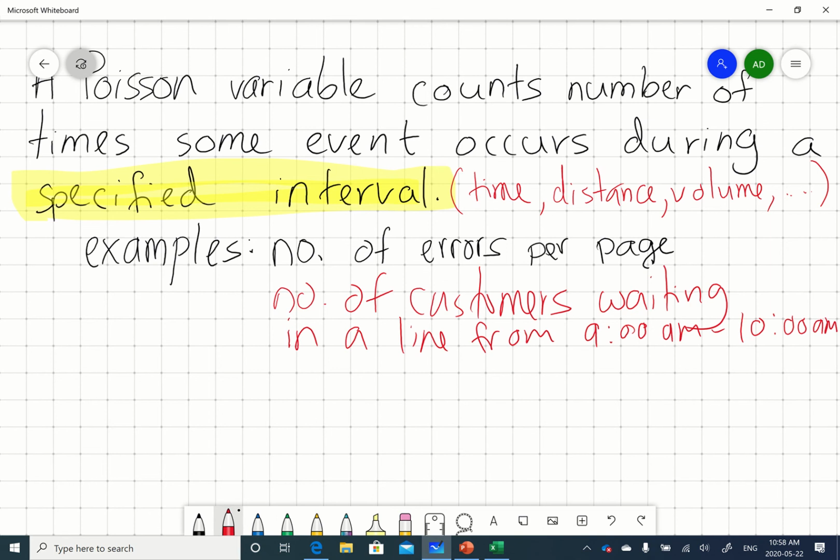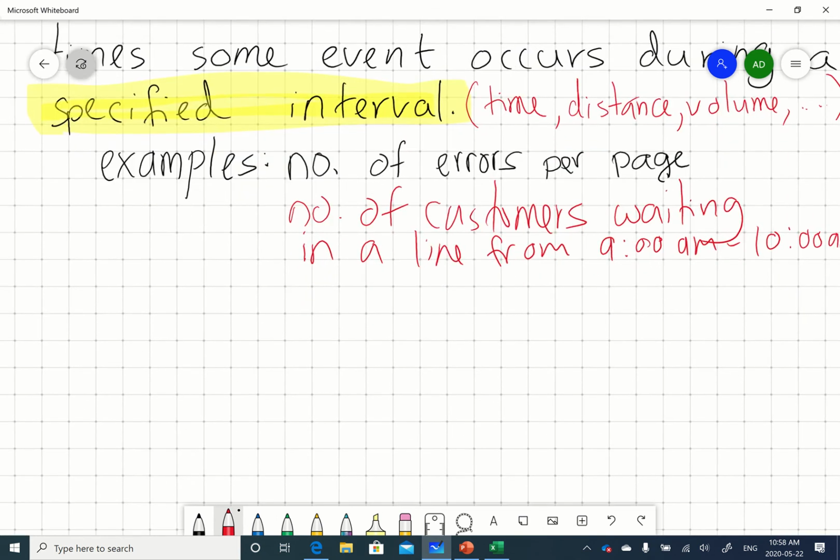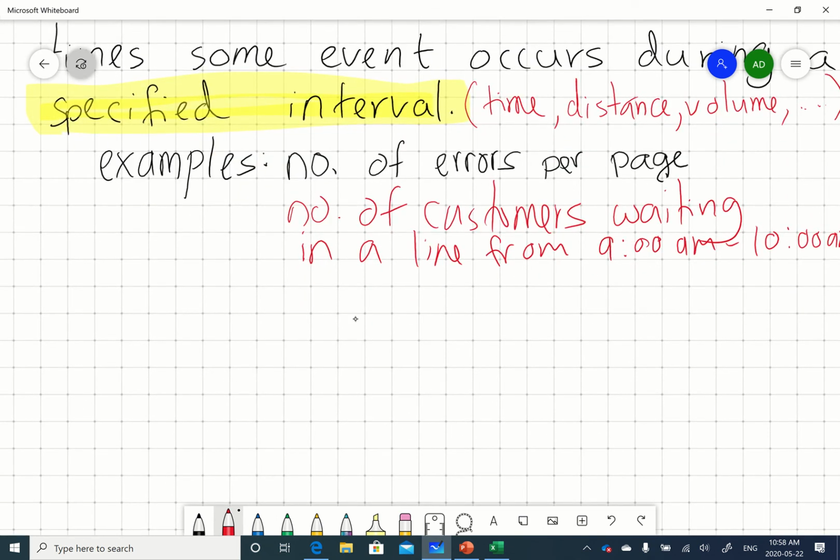So those are a couple of examples, and then in order to build the probability distribution, you just need one piece of information. It's on average. On average, what would you expect? What would you see? So basically, the mean. That's what you need.